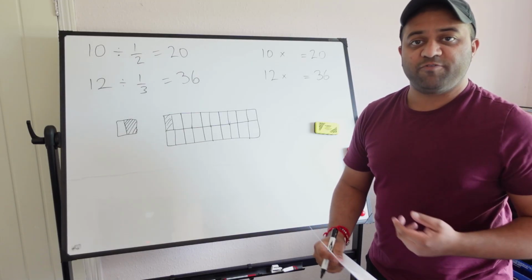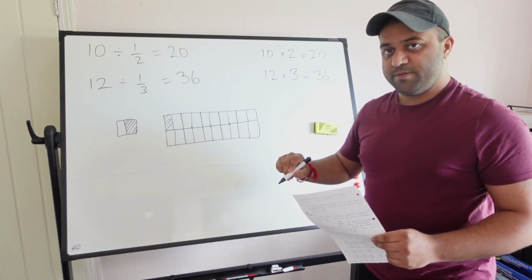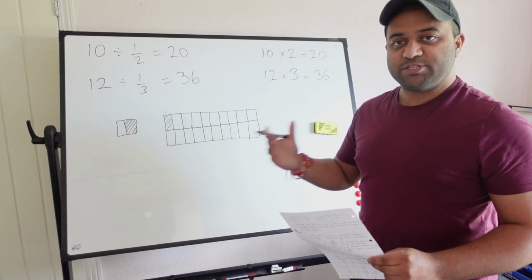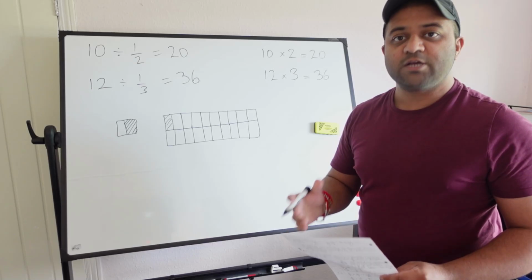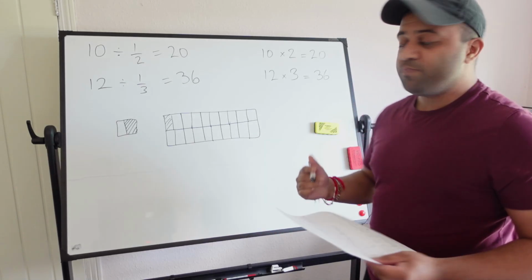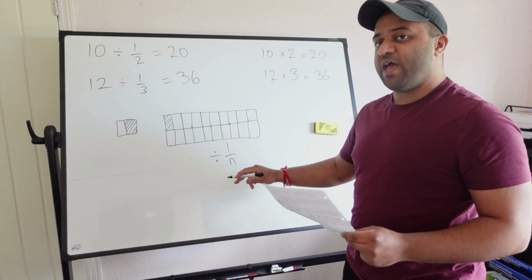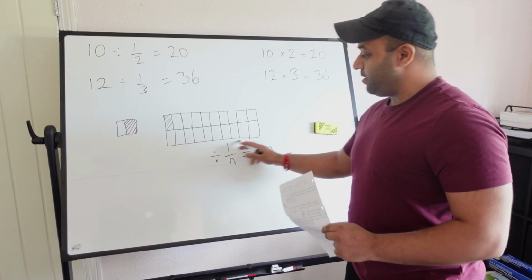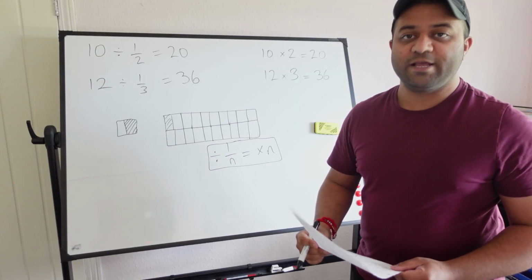I'm sure you can fill in the result, multiplying by 2 and multiplying by 3. So, dividing by a half is equivalent to timesing by 2, and dividing by a third is equivalent to multiplying by 3. So, as a reverse of the rule that we wrote down before, dividing by a fraction 1 over n is equivalent to multiplying by that denominator n. And again, this will be useful for later on.